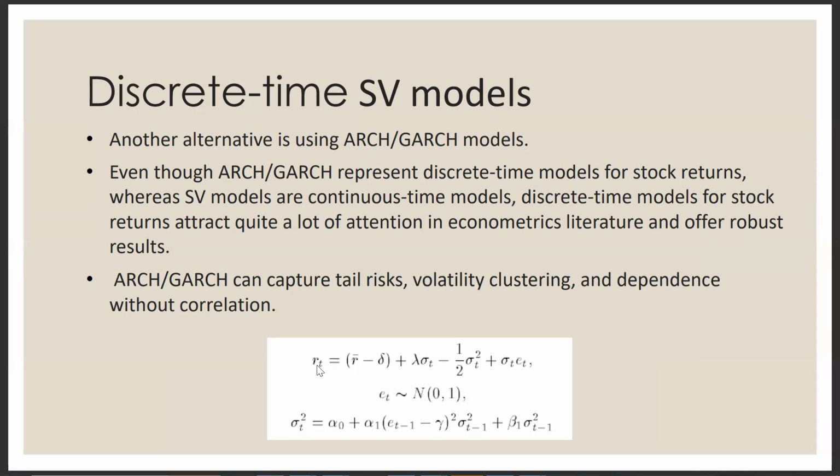It is the process for a risky asset, and in this equation you see volatility, which is a stochastic function, and the equation for this stochastic volatility is in this form.